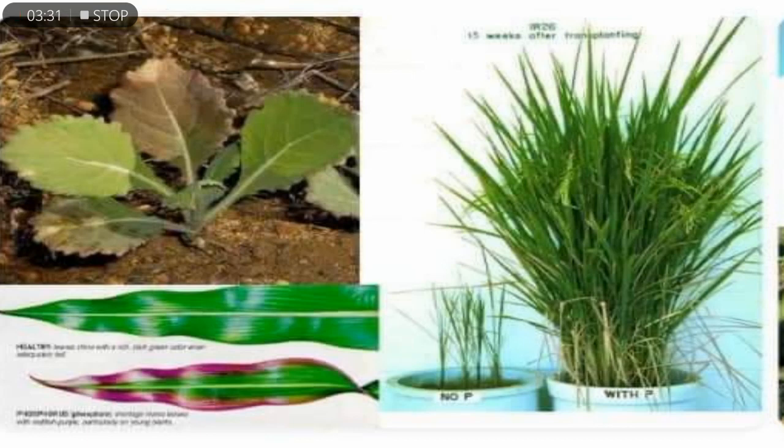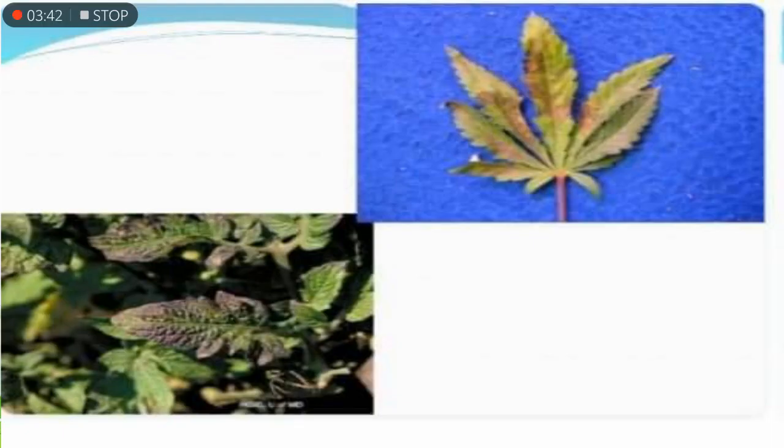Here you are seeing the leaves. Some leaves are green, but some leaves are brown or purplish in color, which means they have a lower concentration of phosphorus. Now here you also see the problems. Look at this leaf having a purplish color. Look at this one as well. They have a lower concentration of phosphorus in their plant.